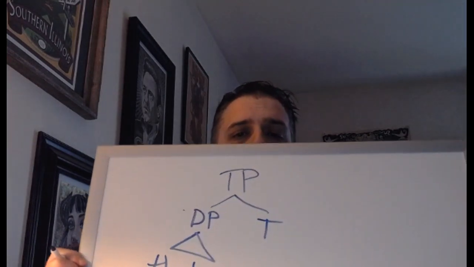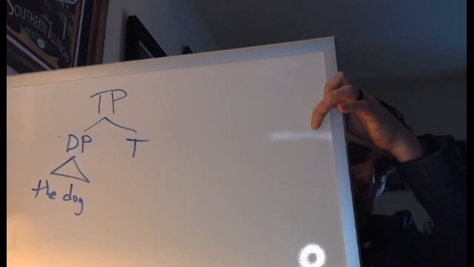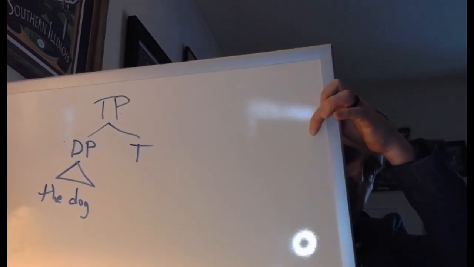So one of the challenges we're going to have is we have our subject here, the dog, in the specifier position of the TP. That's great. We're going to get our T-bar. But if we think about the sentence, the dog barked, what is the tense of that sentence?